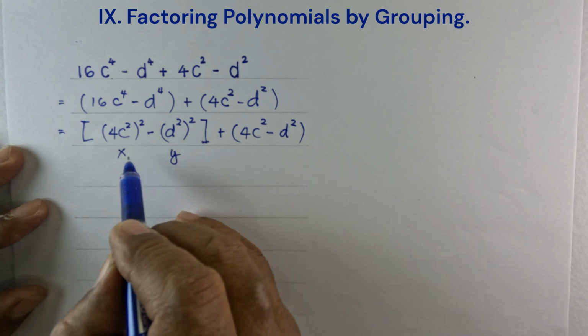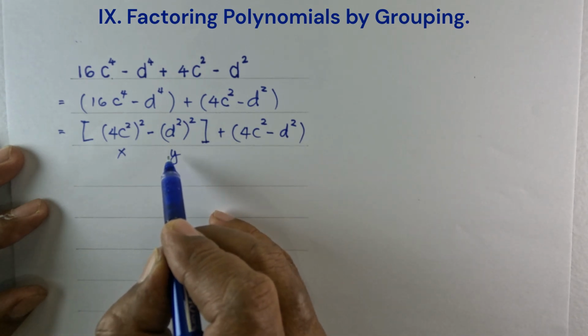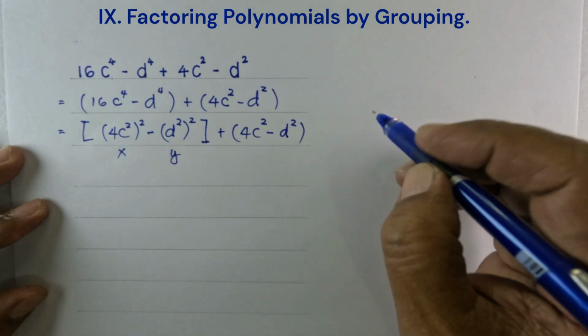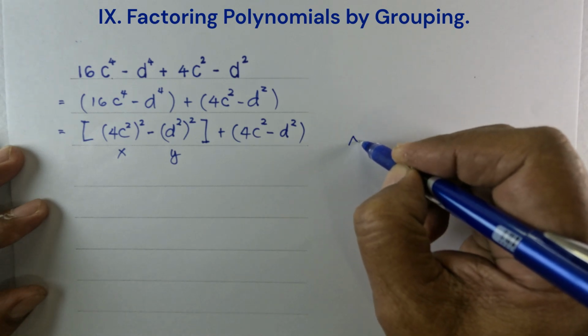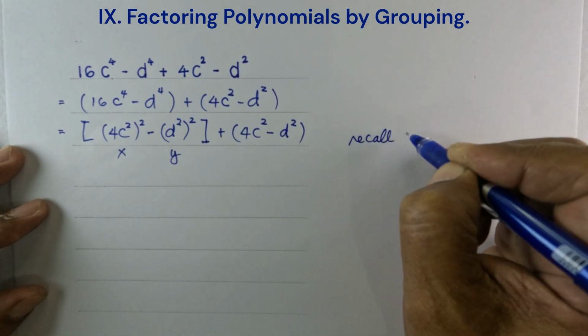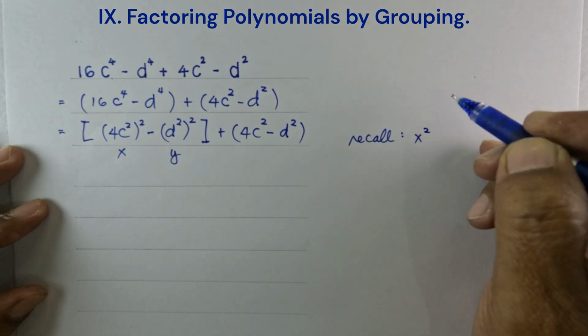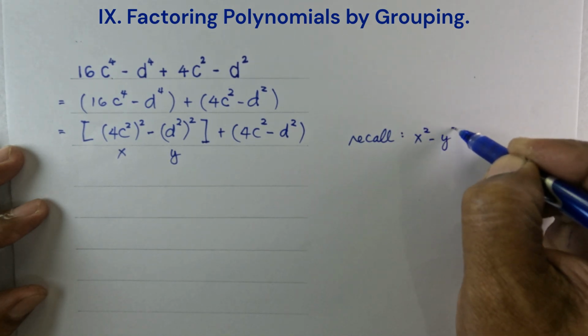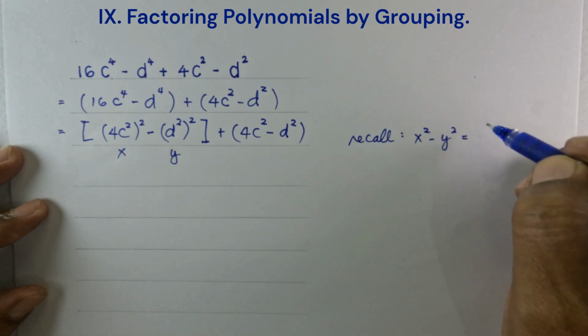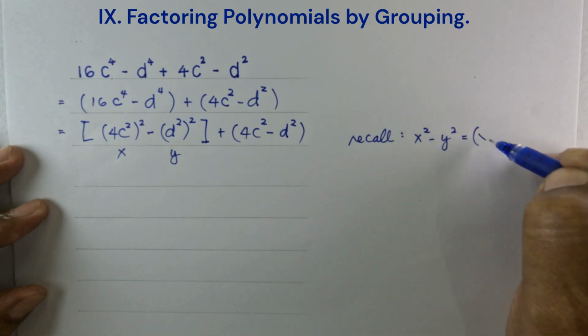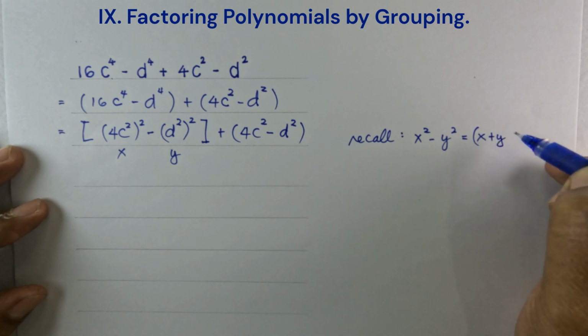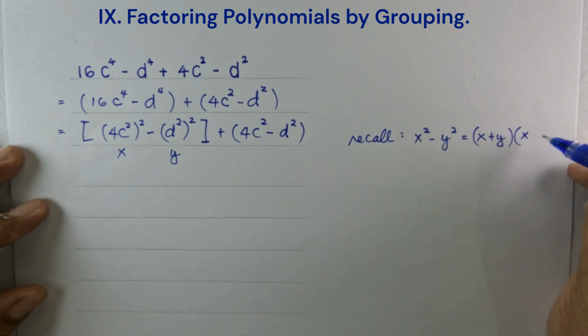So that's the difference in the squares of two numbers. Now recall, x squared minus y squared is equal to x plus y times x minus y.